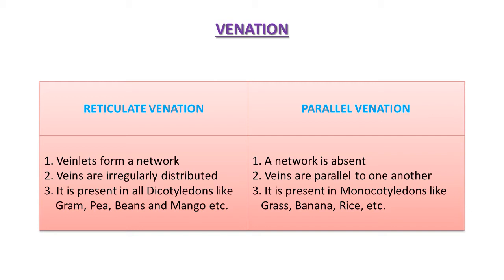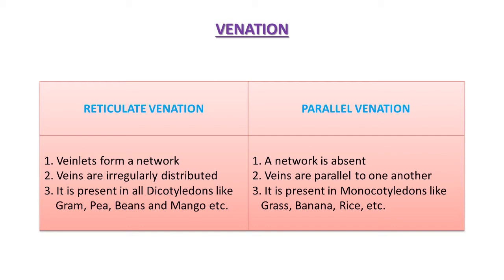Third point, reticulate venation is observed in dicotyledon plant leaves. Many plants are dicotyledons, and some common examples are gram, pea, beans, mango and so many plants. Parallel venation is commonly observed in monocotyledon plants.